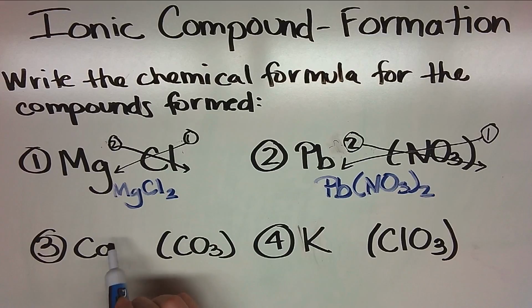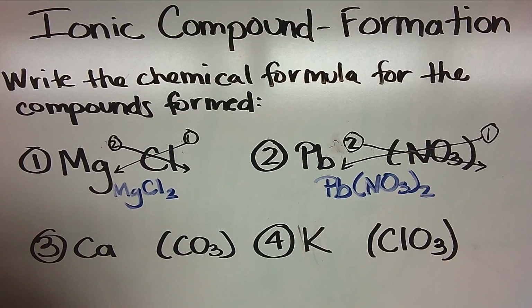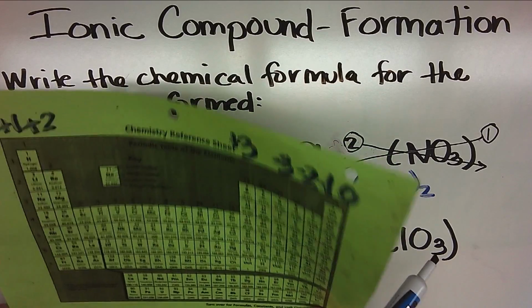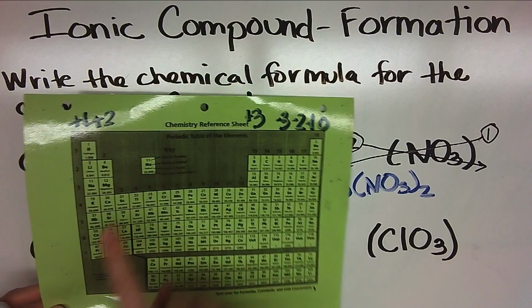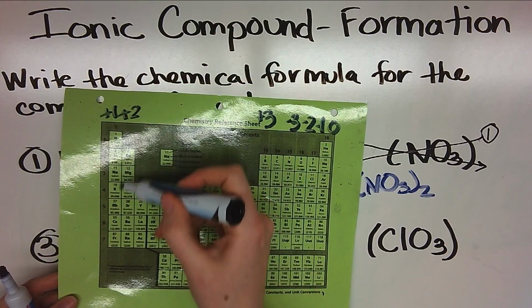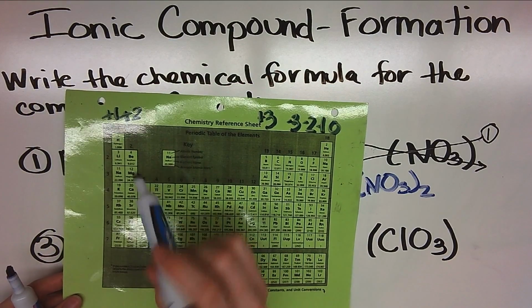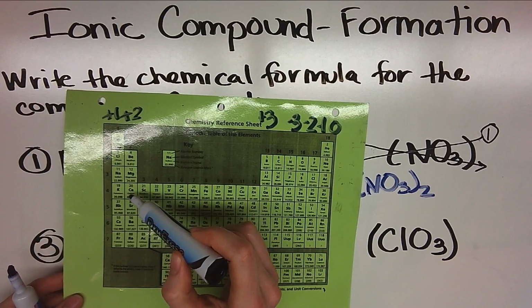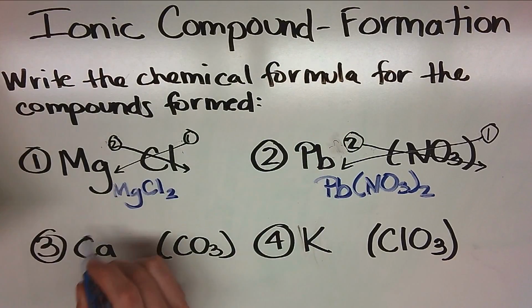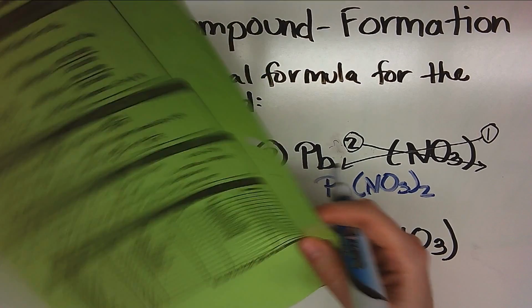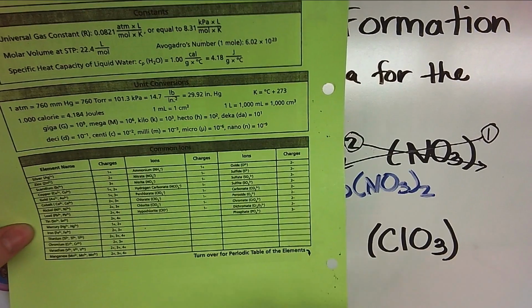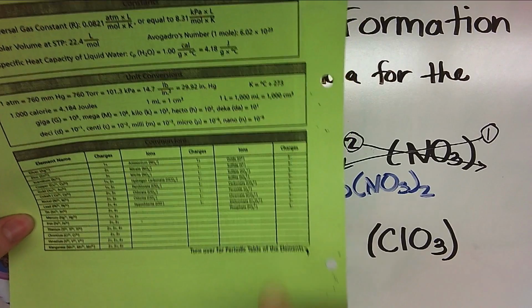Alright, let's move on. Calcium. And then I have a CO3 group, which is called carbonate. So calcium's not polyatomic. It's not a transition metal, so I can find its charge with the periodic table trick. Calcium is also in the alkaline earth metals, so it has a +2 charge. CO3 for carbonate has a -2.